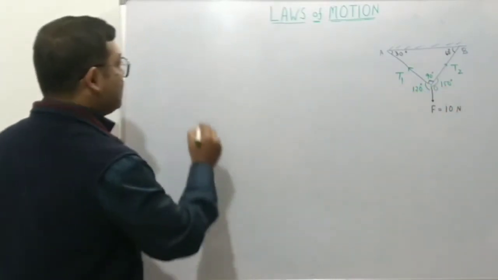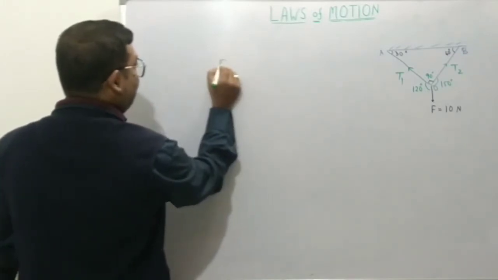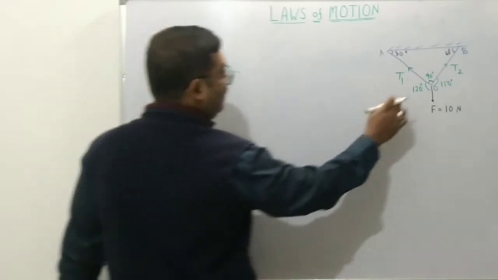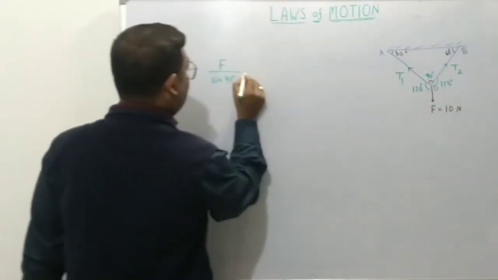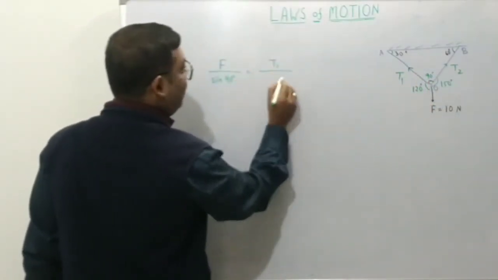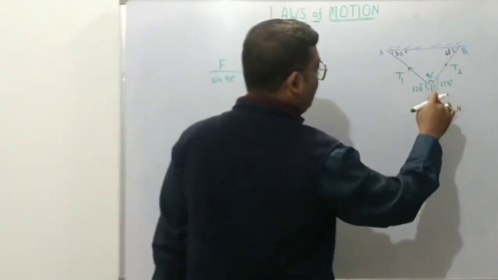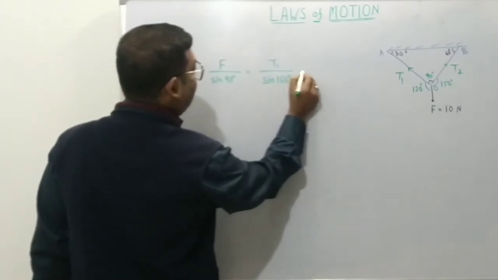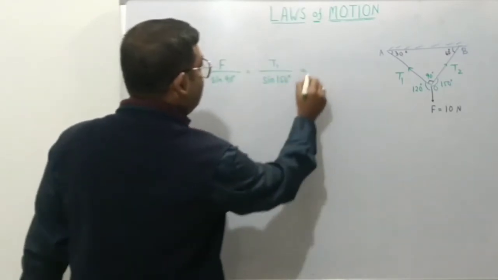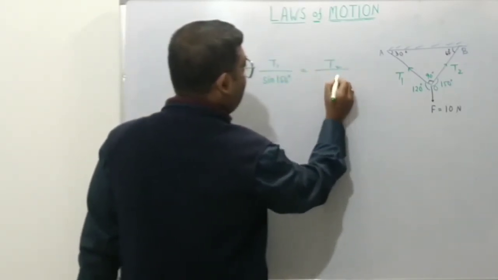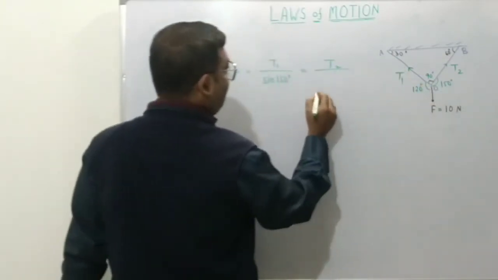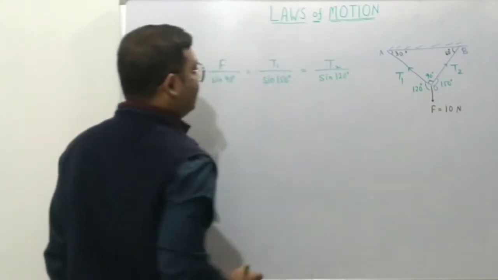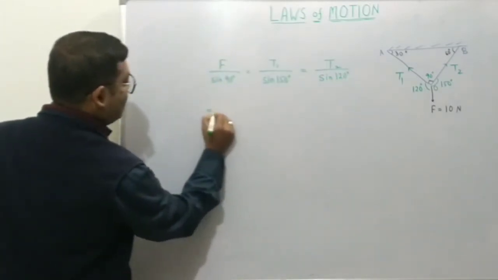Then Lami's theorem says that F by sine 90 degrees, the angle between T1 and T2, must be equal to T1 by the sine of the angle between the other two forces, that is T2 and F, sine 150 degrees, must be equal to T2 by the sine of the angle between T1 and F, sine 120 degrees.